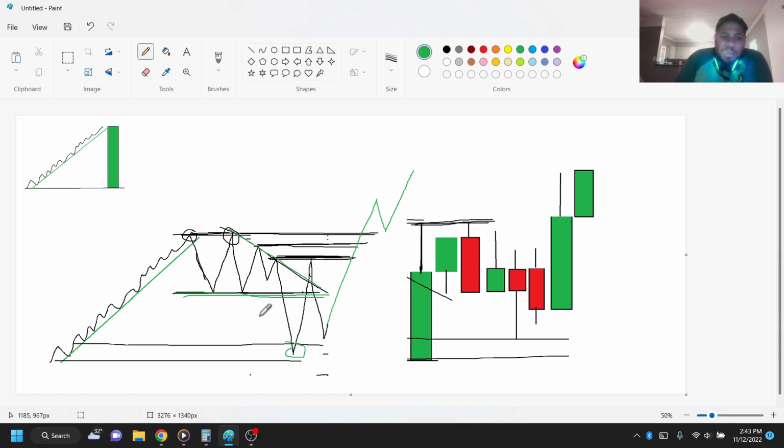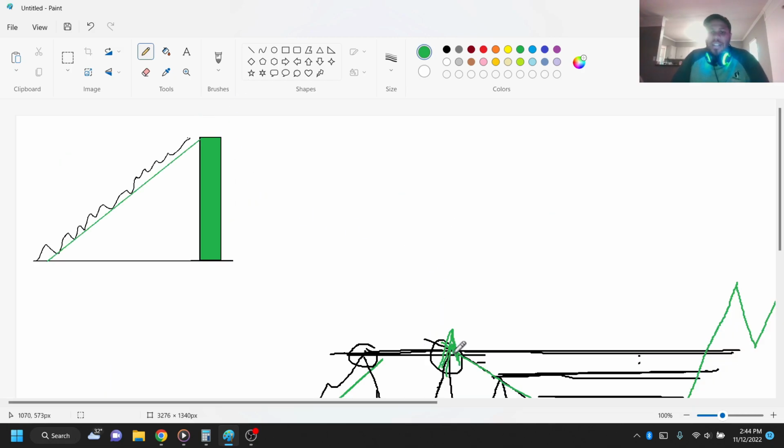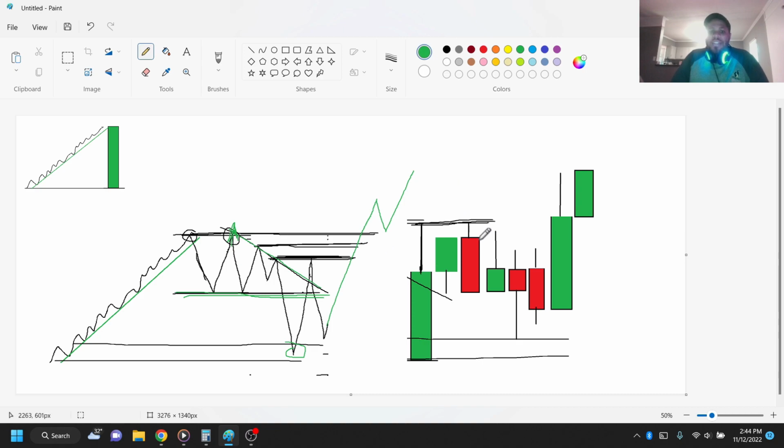Let's see, is there any other patterns in here? I said we could find a head and shoulder. This would have to be probably a little bit higher, maybe a tick higher. And this is interesting because if this was a tick higher than this, and this right here looked like this, now you also have a head and shoulder.